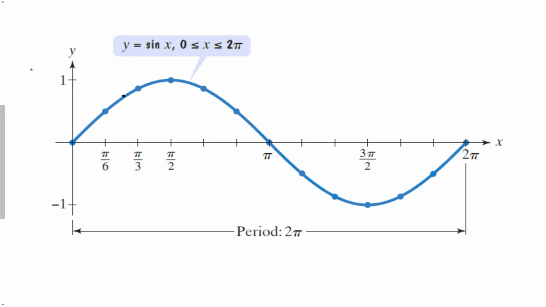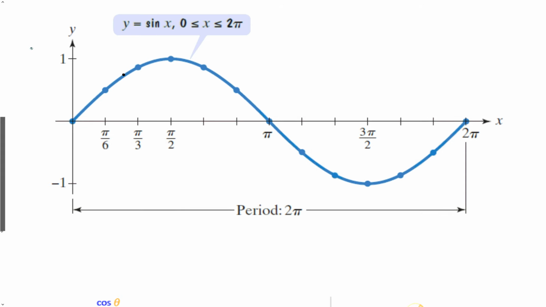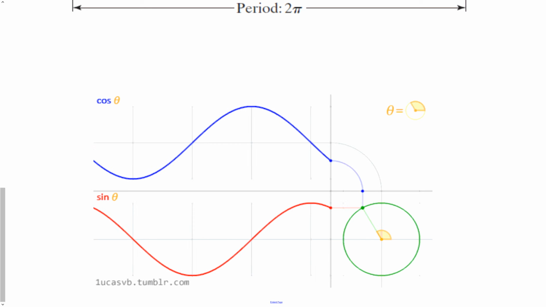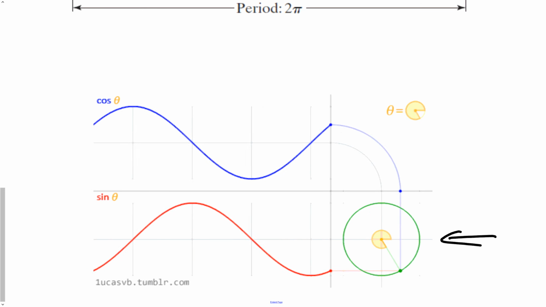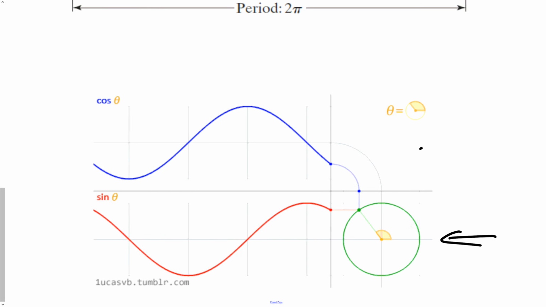As we travel around a unit circle, we are outputting the y coordinates for specific angles. And here's a nice visualization of this with the sine function. We'll talk about the cosine in a little bit.